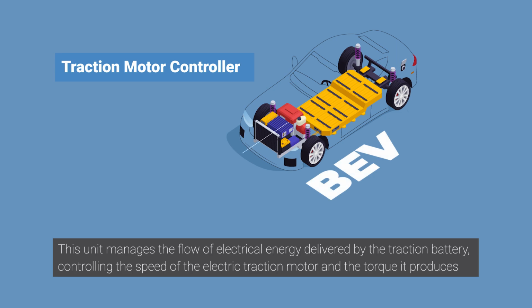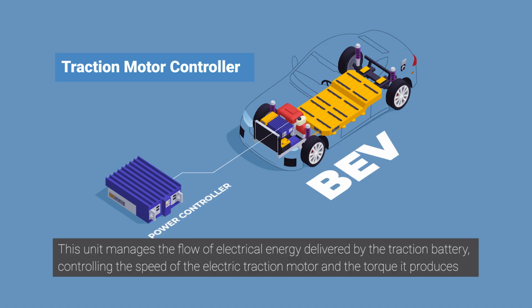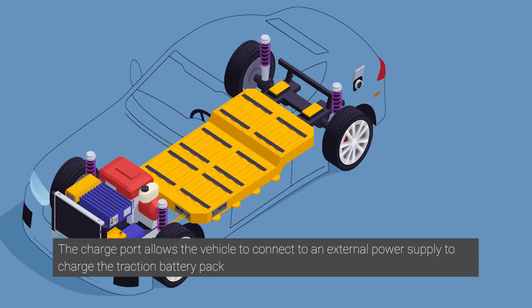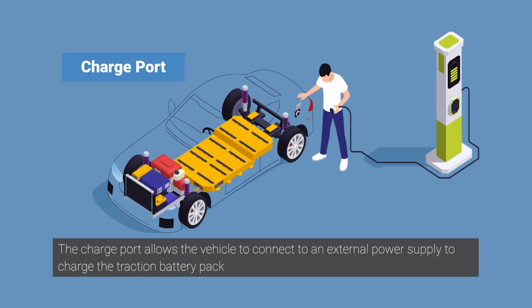Fifth, traction motor controller. This unit manages the flow of electrical energy delivered by the traction battery, controlling the speed of the electric traction motor and the torque it produces. Sixth, charge port.